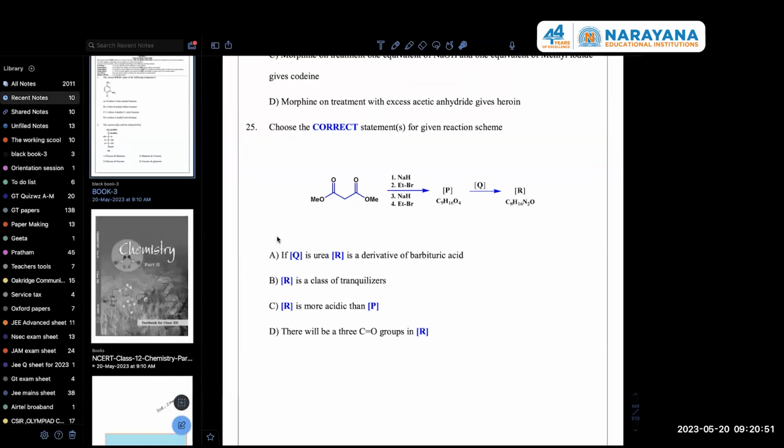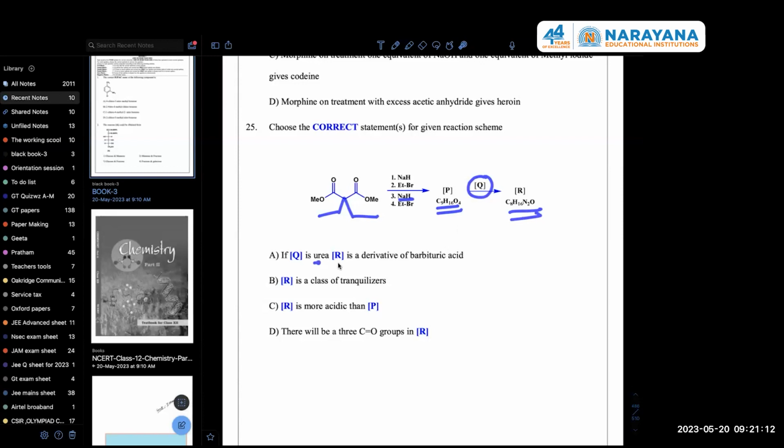A, B, C, D. Okay. NaH, what have you removed? This acidic H you removed, right? And then ethyl. Again, one more removed. Again, one ethyl. So this is the compound P. And by using Q, we are getting this N2O. So that should be, as per the option, I am getting an idea.